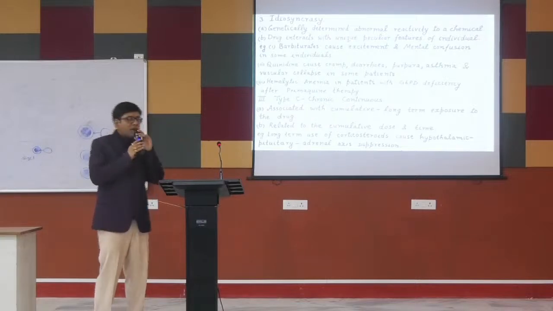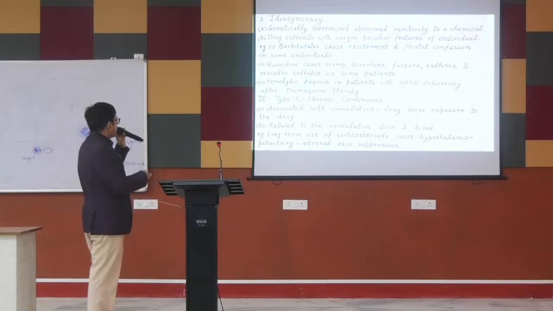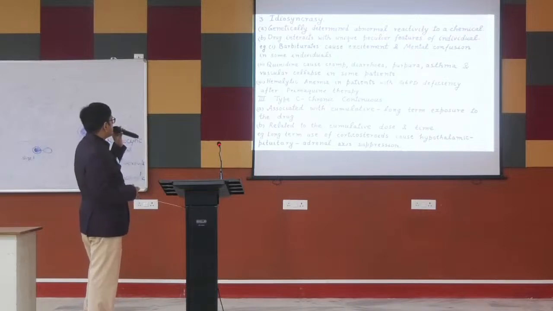Okay, so they are completely unexpected, unpredictable, like in quinidine. In some patients, it suddenly causes cramp, diarrhea, asthma, vascular collapse. Barbiturates in some patients cause, even at a low dose, tremendous excitement and mental confusion. Okay, barbiturate is an anticonvulsant used in seizure disorder.